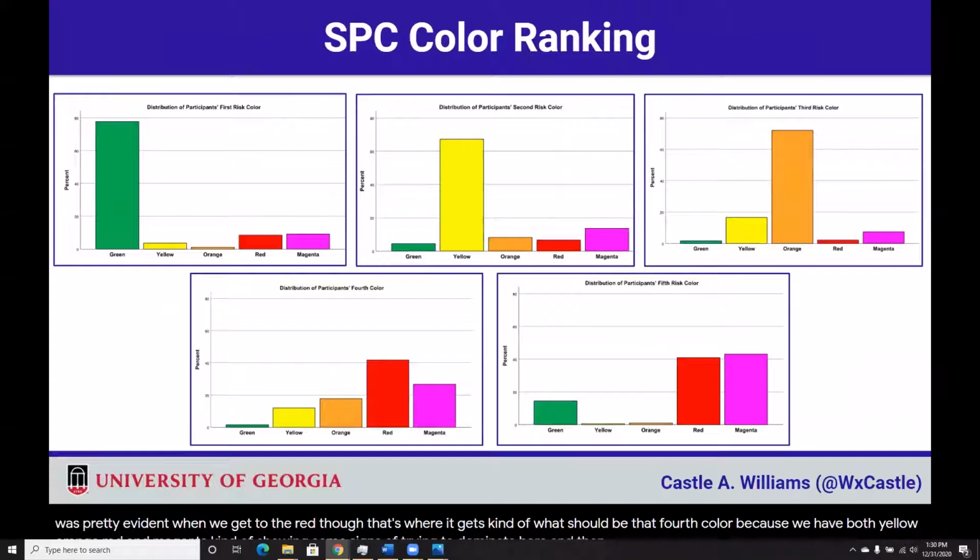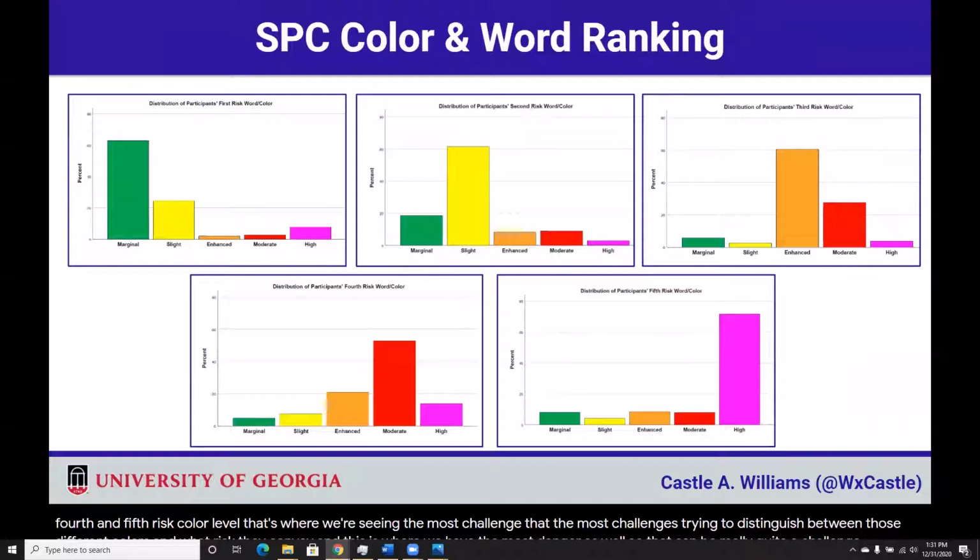And then lastly, in that fifth risk category spot, we see red and magenta very close. So I think the biggest takeaway from here is that red is really considered the most threatening color, but also that when we get to that fourth and fifth risk color level, that's where we're seeing the most challenges trying to distinguish between those different colors and what risk they convey. And this is where we have the most danger as well. So that can be really quite a challenge.